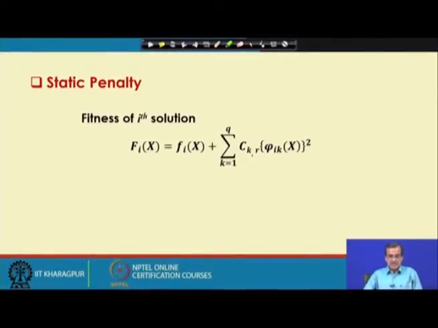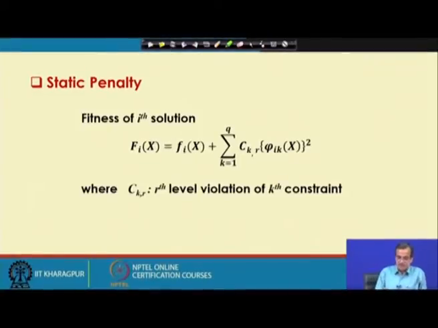In static penalty, we use this expression to find the modified fitness. Corresponding to the ith solution, the modified fitness capital F_i(x) is nothing but small f_i(x) plus summation k equals 1 to q, C_kr, that is the constant term, multiplied by phi_ik(x) square.